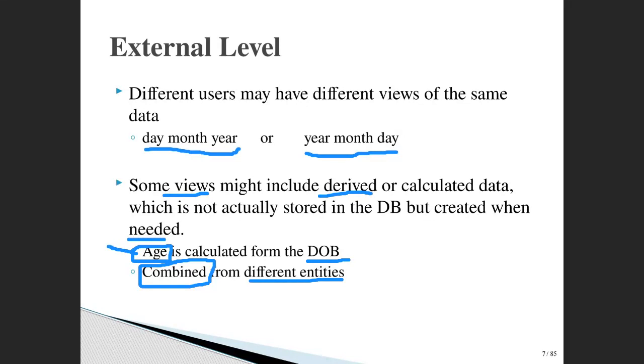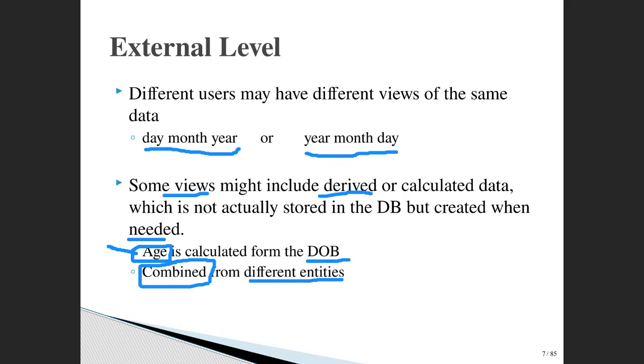For example, we have quiz number 1, quiz number 2. The total field does not exist, but it will be created based upon the quiz marks, so it will be calculated. This is the meaning of derived views. It's calculated based on other records or other data.